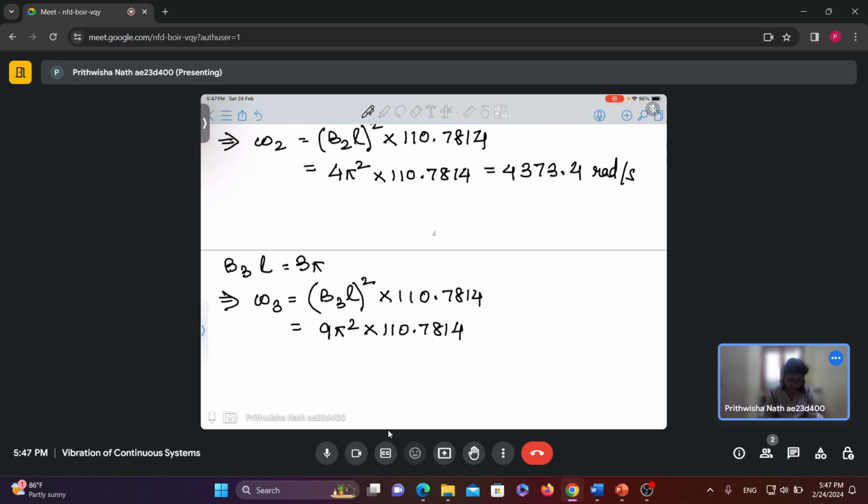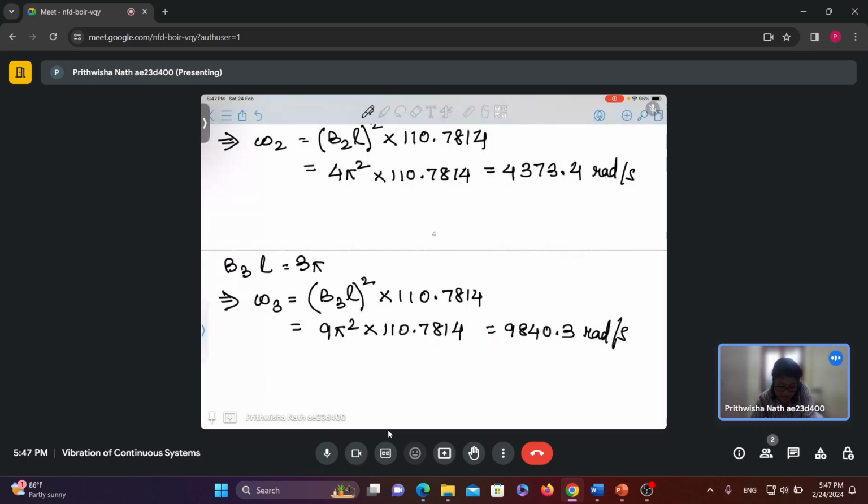That is 9840.3 radians per second. So these are the first three natural frequencies for a simply supported beam.